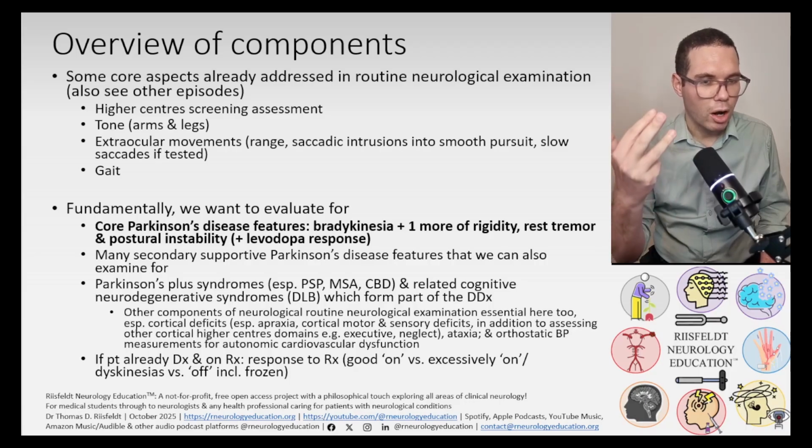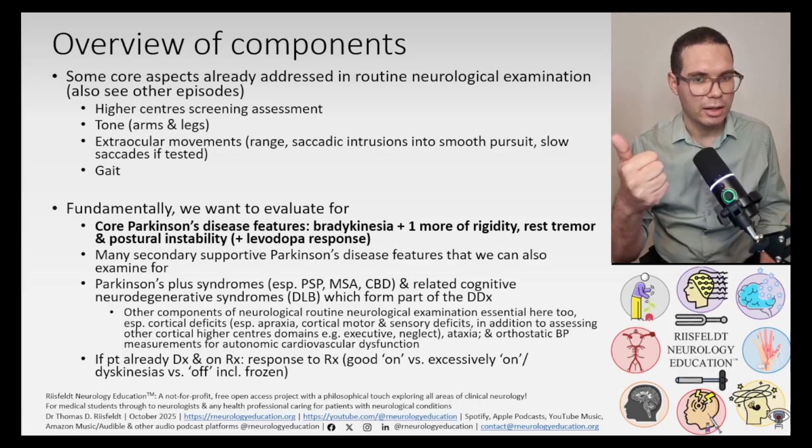So they're the four core symptoms of Parkinson's disease, and you need to have bradykinesia, and in addition to that, you need to have one or more of rigidity, rest tremor, or postural instability.